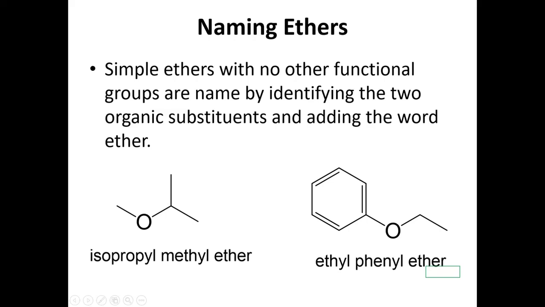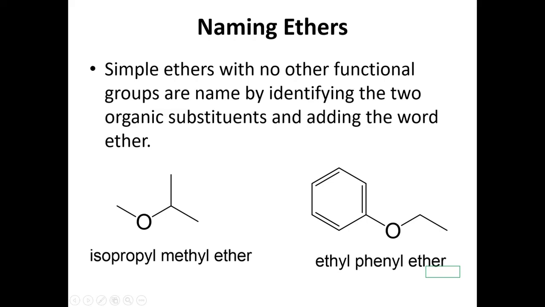Okay, here you have two carbon in the structure, 1, 2, representing ethyl. When the benzene ring becomes a substituent, the name is not actually benzene. It will change to phenyl.